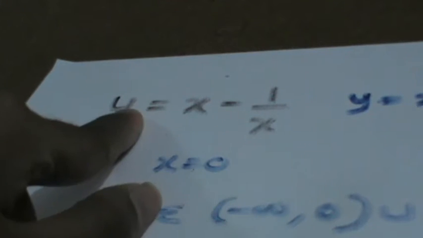And for the range of values, when x is equal to 1, you get 1 minus 1 upon 1, which is 0. So y can take 0, although x can't take 0.